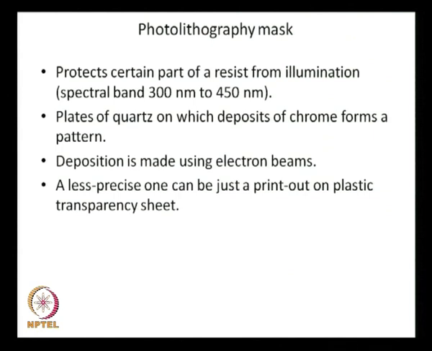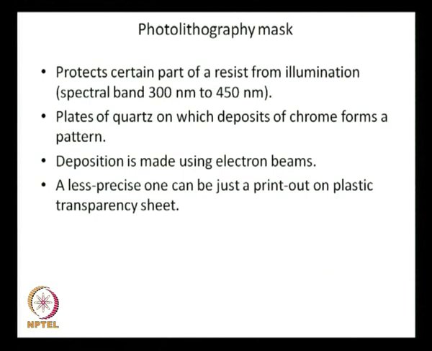The pattern, that circle, is the pattern there. That could be just a line which will form a channel. That pattern is formed by chrome deposit, and the deposition is done on this quartz plate by electron beams.